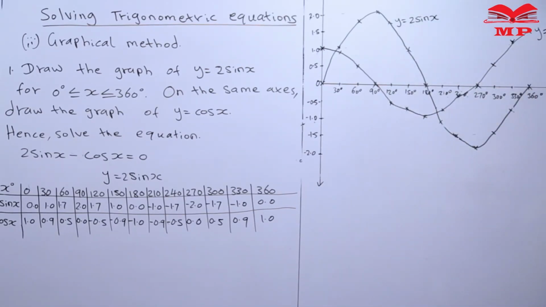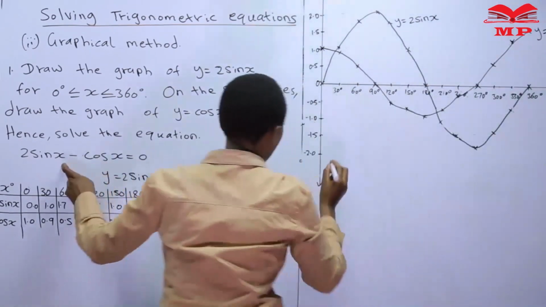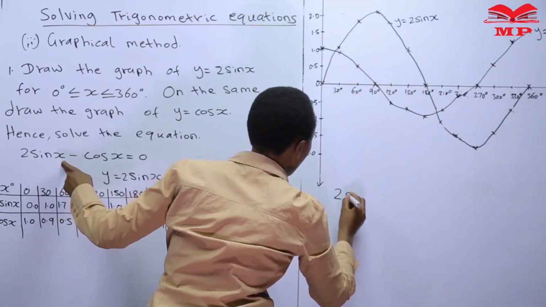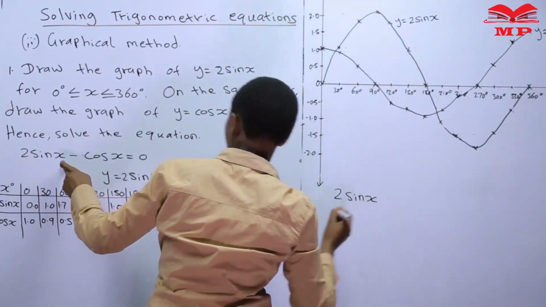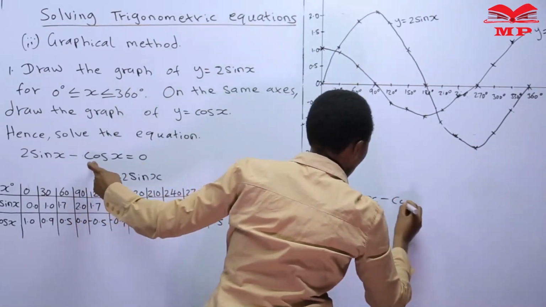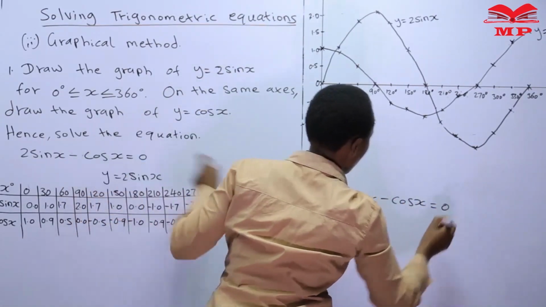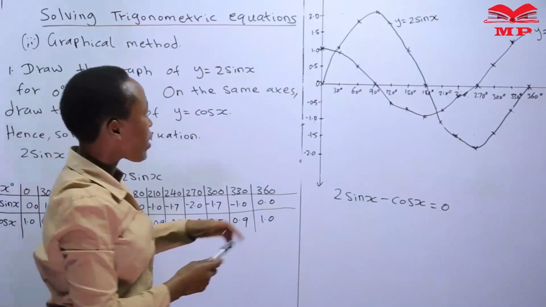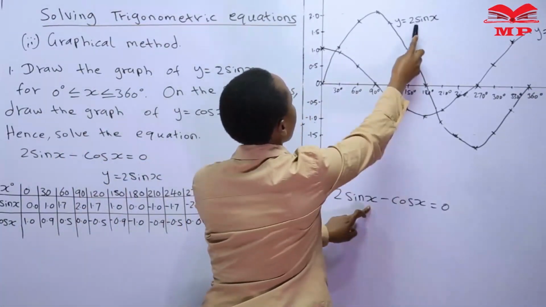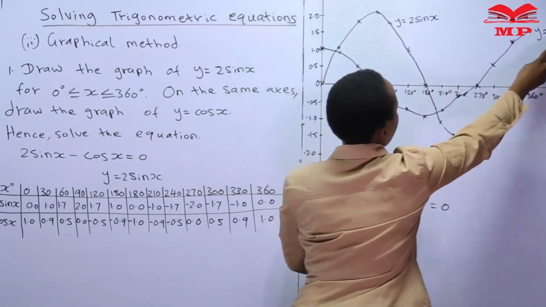Then after that we are told to solve 2 sine x minus cos x is equal to 0. Now if you look at this, 2 sine x is this, and the cos x is this.